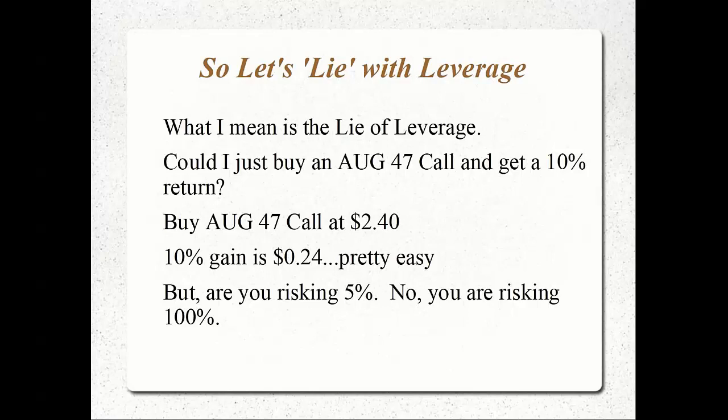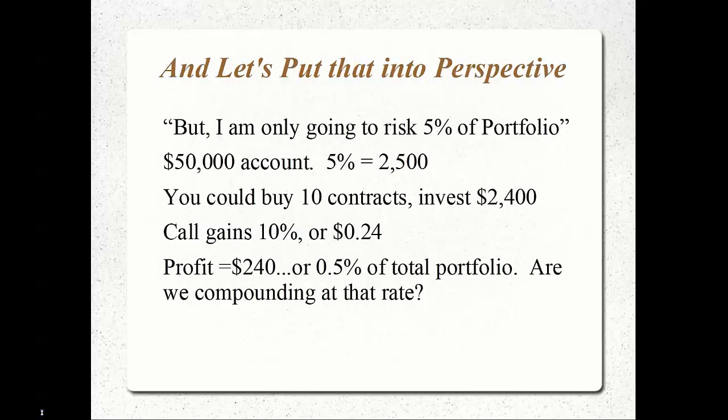Okay. This is where the parity comes in. People say that long call, buying the August 47 call would be the parity to buying the stock and buying the August 47 put. Well, it's not. Why? Because if I had a $50,000 account with that Intel structure, the risk came out to be about $260, right?